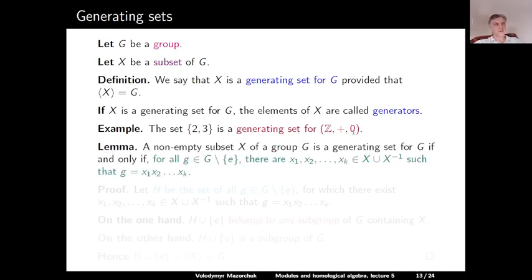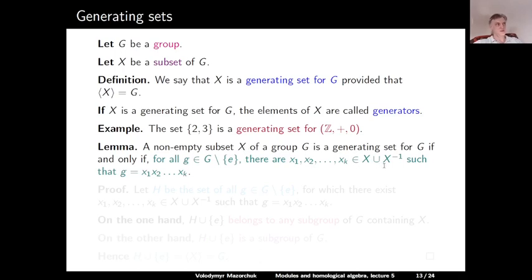And we have the same lemma as for semigroups and monoids. A non-empty set X of a group G is a generating set for G if and only if any element in G, which is not the identity element, can be written as a product of elements in X or their inverses.